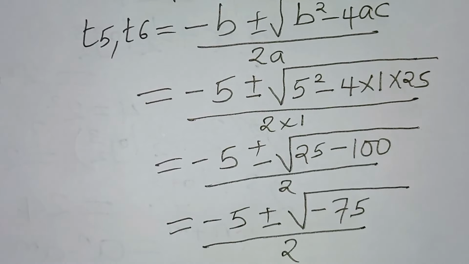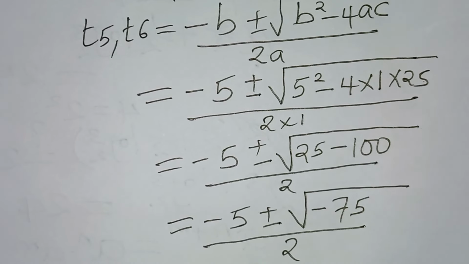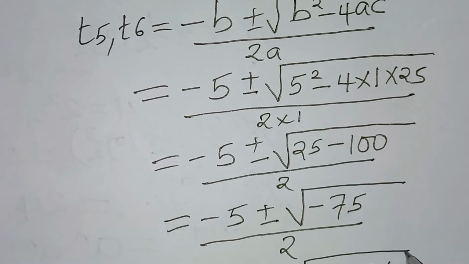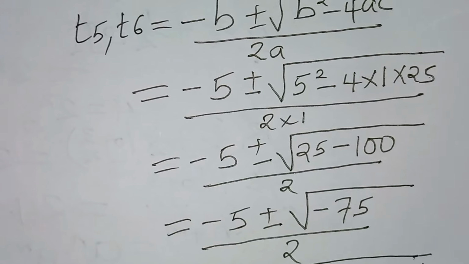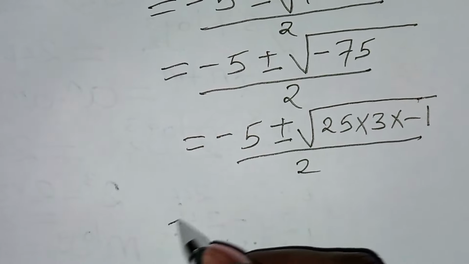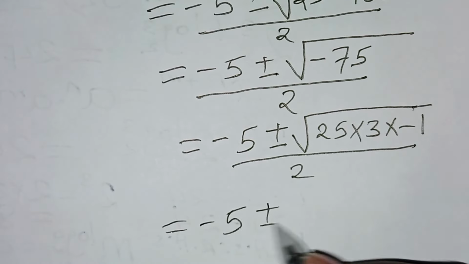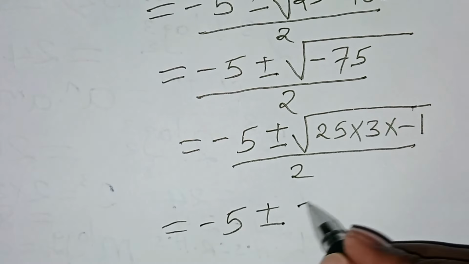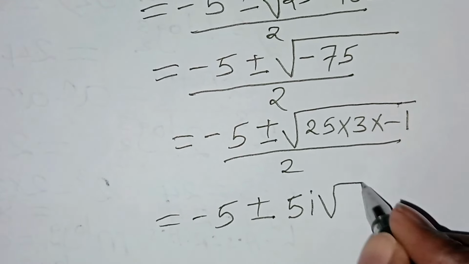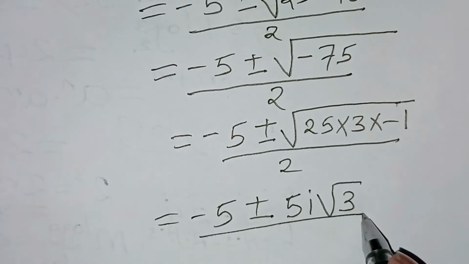So here we'll have minus 5 plus or minus, we can express the square root of minus 75 as 25 times 3 times minus 1, all this divided by 2. Now the next step here is minus 5 plus or minus the square root of 25, this is 5, the square root of minus 1, this is i, then square root of 3, all this divided by 2.